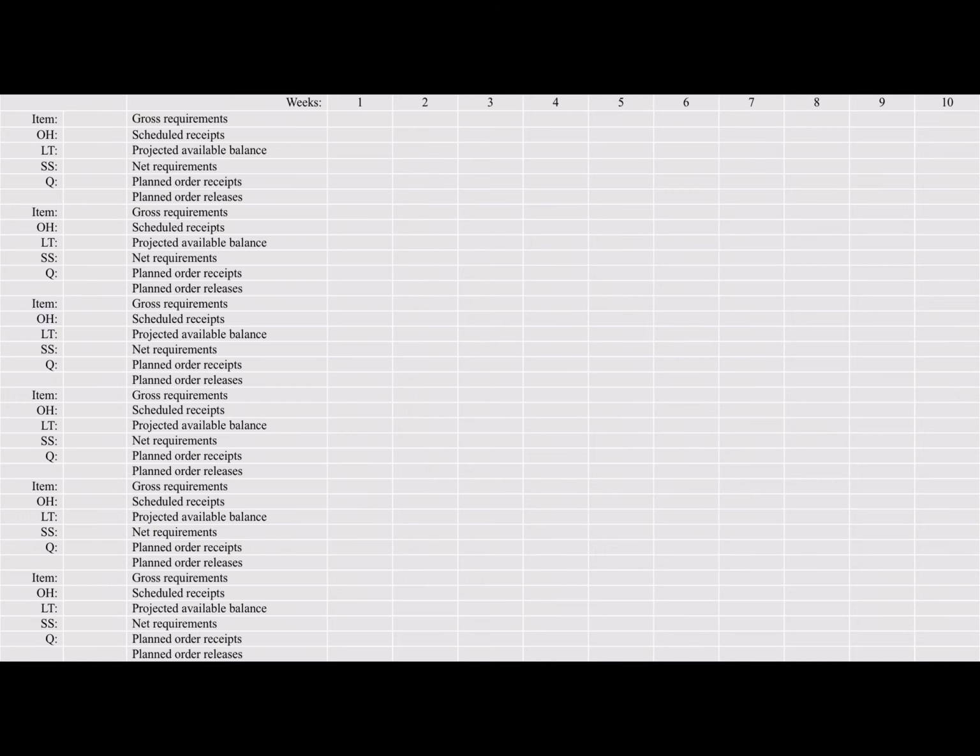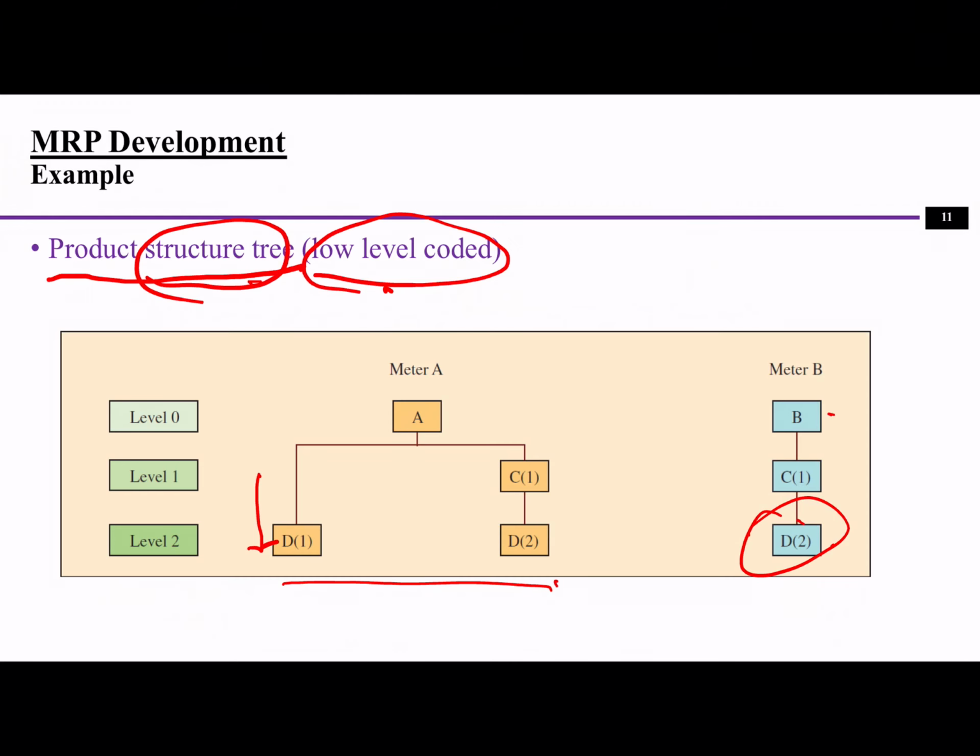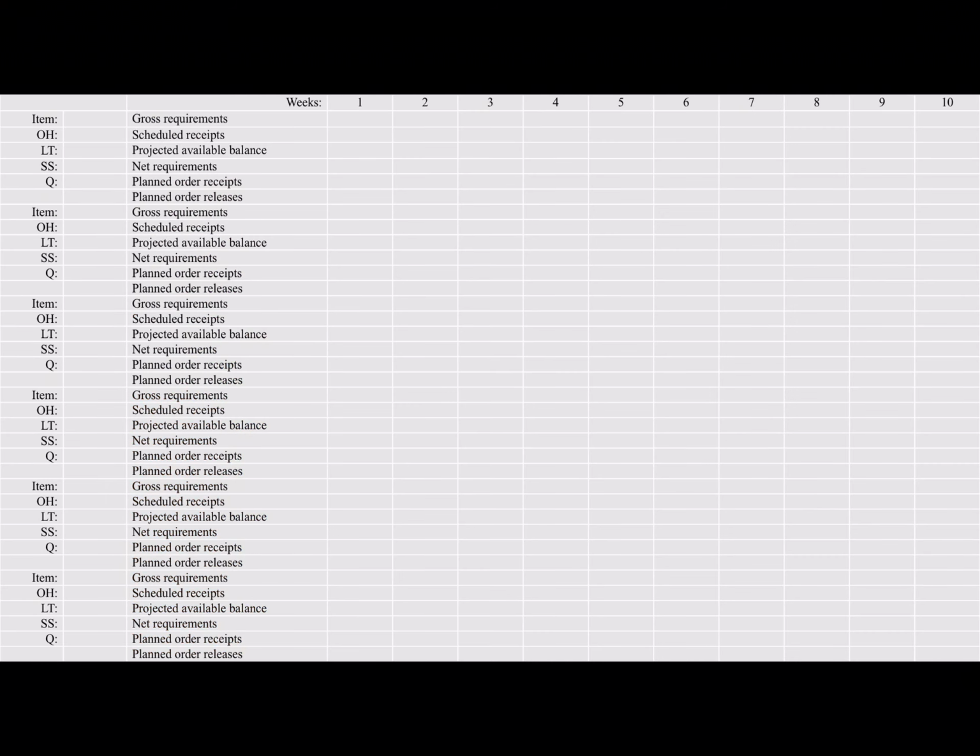All right, I have the problem statement on hand right now, and I'm going to go through it. I'll start from the product tree here. So we have the table, and the first thing we need to do is determine the sequence of the table. Remember, the sequence of the table should always be from high level to low level.